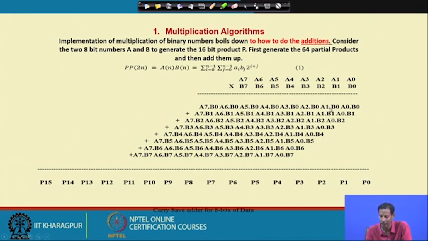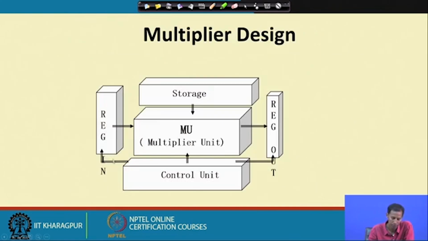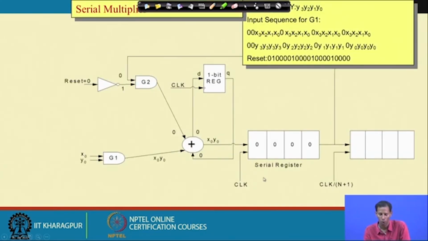Then next A1 B0 will be multiplied and added with A0 and B1. That means I put the corresponding bits of x and y through an AND gate, and then that will pass through one OR gate if I do this bitwise operation.